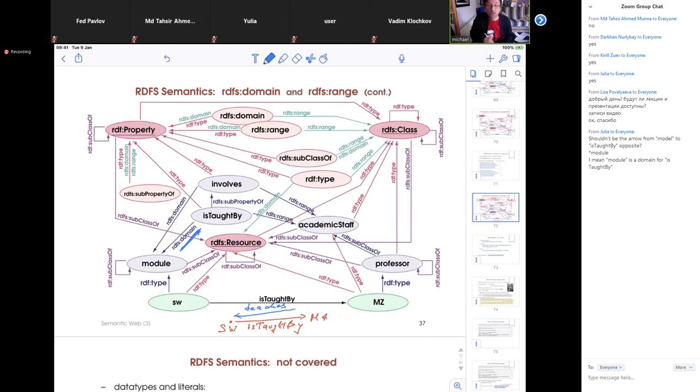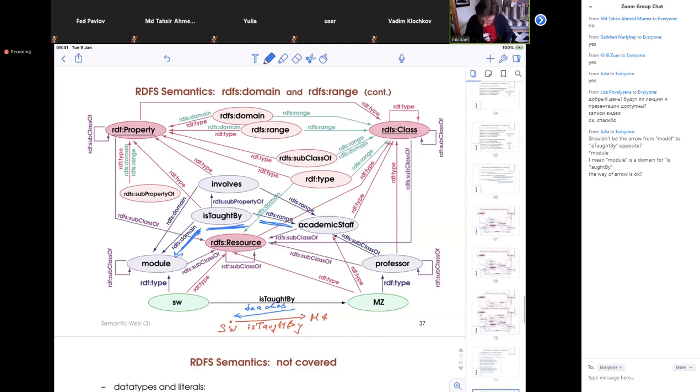That's true. Is stored by, this is the property, and the domain is module. So the arrow is okay.